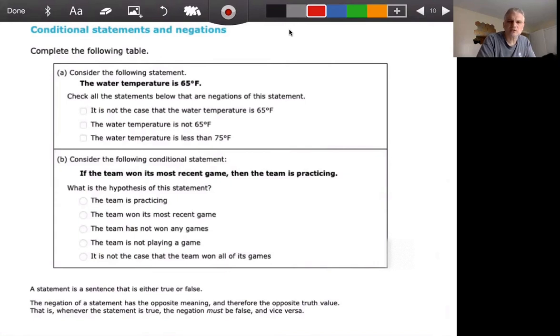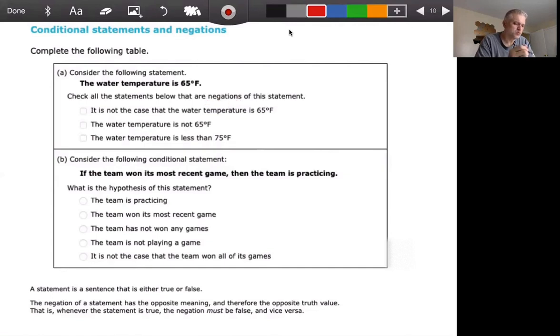All right, so now let's look at a handful of ALEKS questions that you're going to see in your practice. Conditional statements and negations. Complete the following table. Consider the following statement: the water temperature is 65 degrees Fahrenheit. Which of these statements negate that statement?